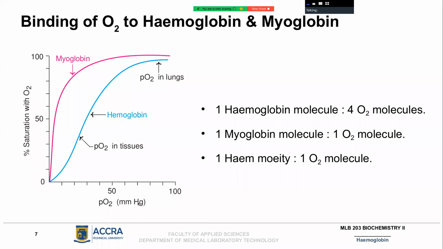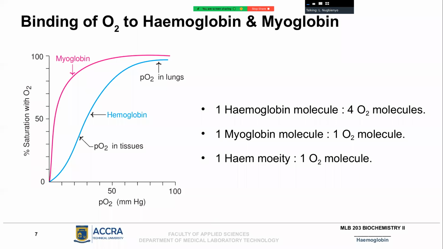So what this means is that for myoglobin, you see the graph is very steep and has reached saturation earlier than for hemoglobin. And that is understandable because you just have one molecule of oxygen to make myoglobin saturated.